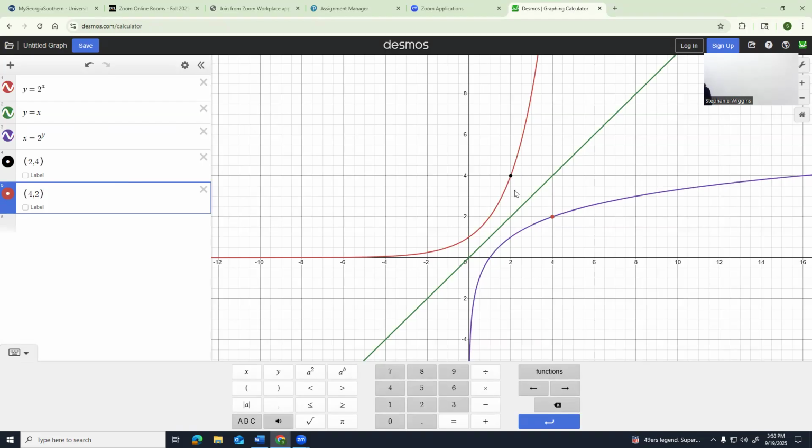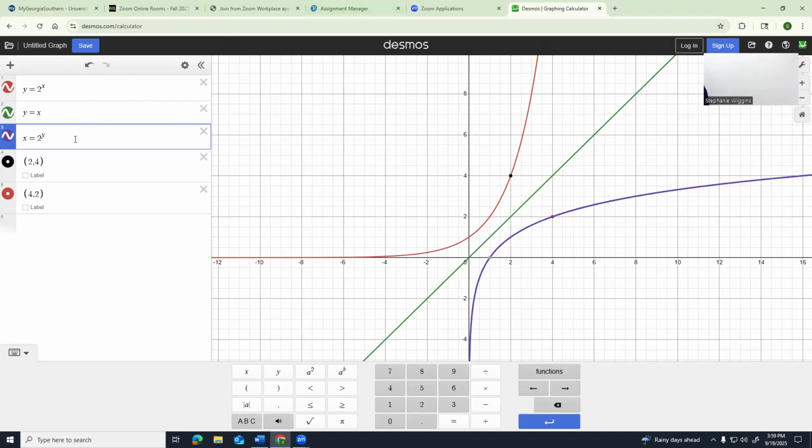So this is (2, 4), this is (4, 2). And that's true for all these points. If you interchange x and y, you're going to get a function reflected across this green line, which is y equals x. Okay, so the red is the exponential function, and the purple is the logarithmic function.